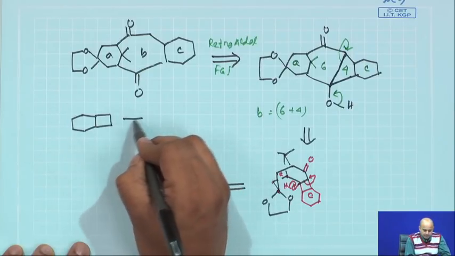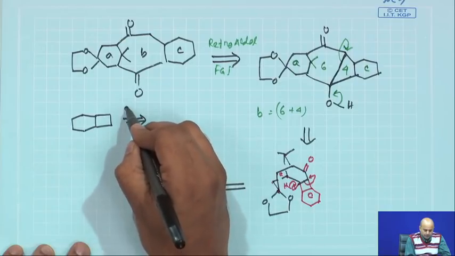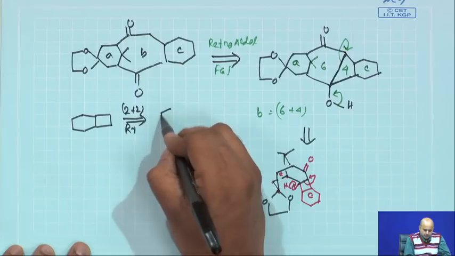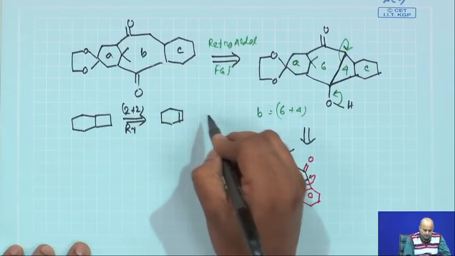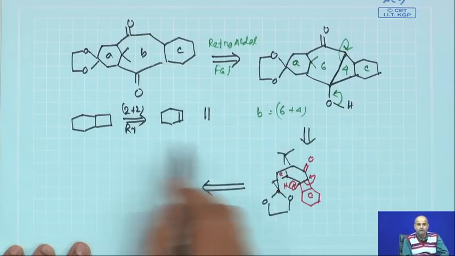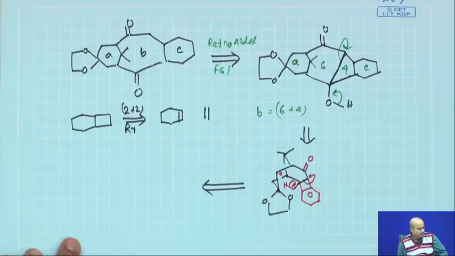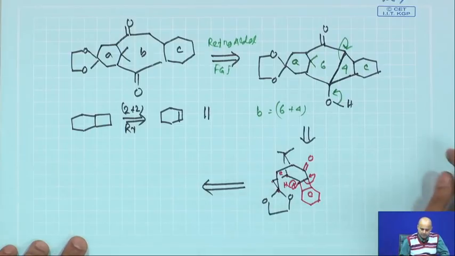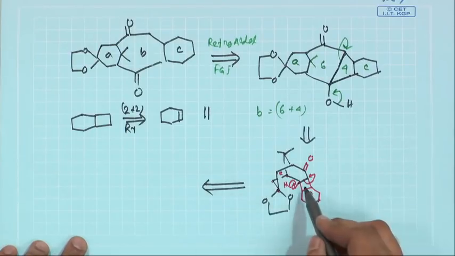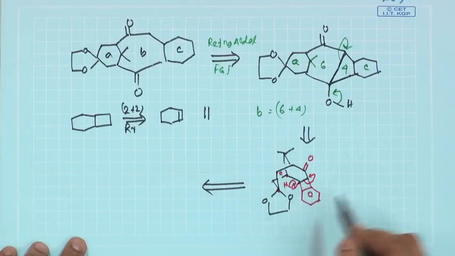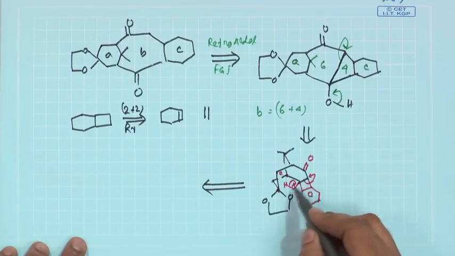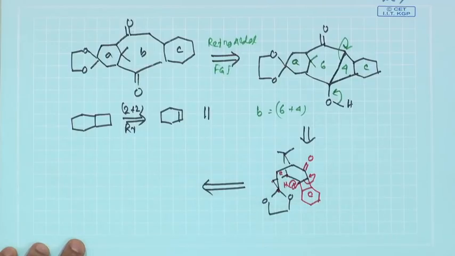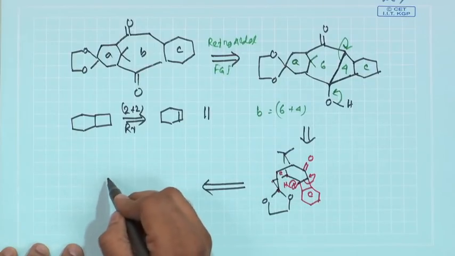The answer was basically you can do a simple 2 plus 2 photocycloaddition. So, if you have this compound and this compound, you can simply do a photocycloaddition, which was the main reaction done. Now, if you do this 2 plus 2 cycloaddition, you find how this retro will now look.